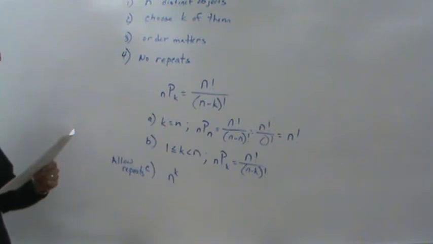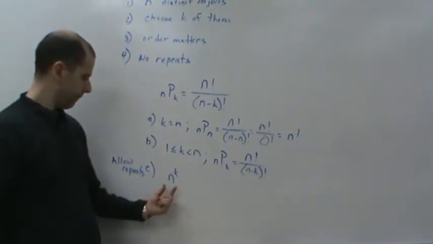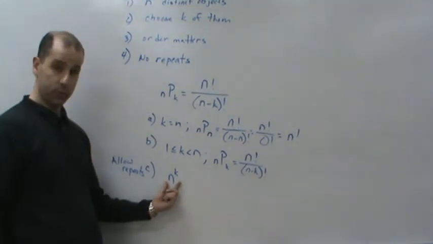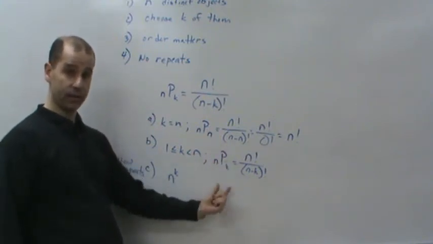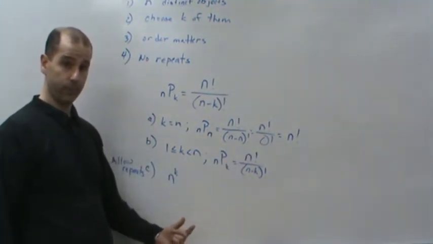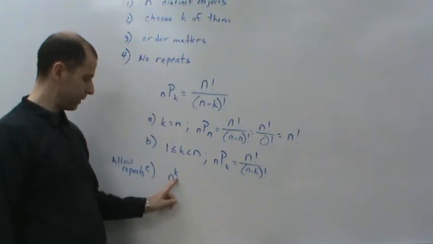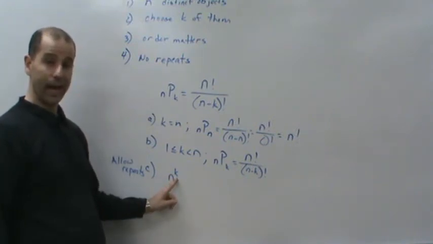I have n objects, and I'm going to allow for repeats, which means I'm going to have all n objects to choose from. And how many times am I going to choose them? How many objects do I want to choose? k.